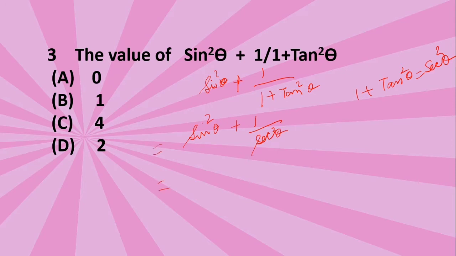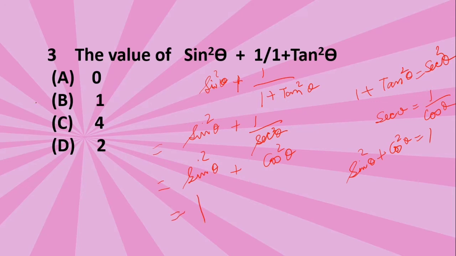Now here as you know sec theta is 1 upon cos theta. So you can write sin square theta plus cos square theta, and you have learned the first identity, sin square theta plus cos square theta is always 1. So the value is 1. So the correct answer is D.